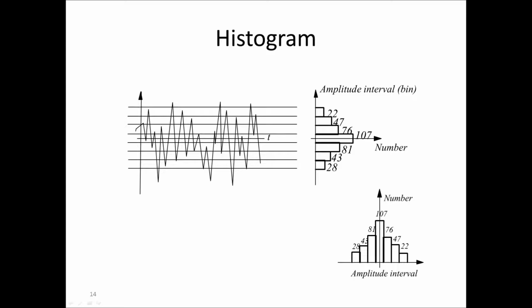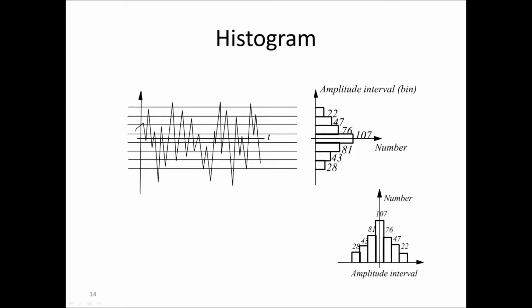We cannot estimate the probability density function because it's a continuous function, and this is not experimental, so to speak. So instead, we use the histogram. A histogram is simply a bar diagram with, in its simplest form, the number of samples that occur in each amplitude interval.